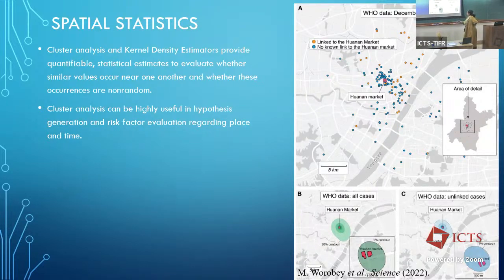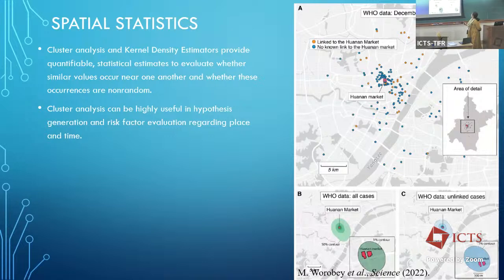So Worobey et al. went back, looked at the data from December 2019 that was published in a WHO report. And based on that report, they mapped about 155 cases, okay, in Wuhan. And this is a point layer showing you where those cases were. This square here is the market, the Huanan seafood market.